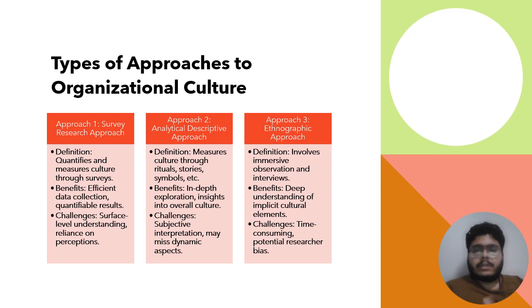This kind of approach is very efficient at data collection and gives some quantifiable results. The only problem with this is that it will provide a surface level understanding, not a very in-depth understanding of the culture.